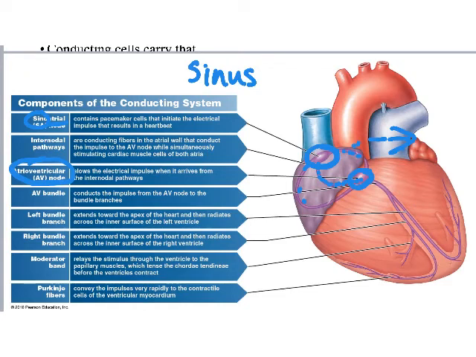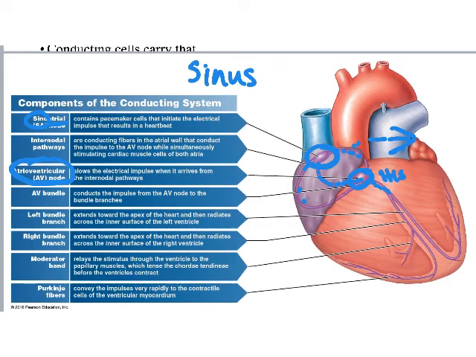So it's called the atrioventricular node or the AV node because it's pretty much in a location that's right between the right atrium and the right ventricle. From there, from the AV node, it's going to travel down what we call the AV bundle, or we used to call it the bundle of His, and you might still see that, the AV bundle or the bundle of His.